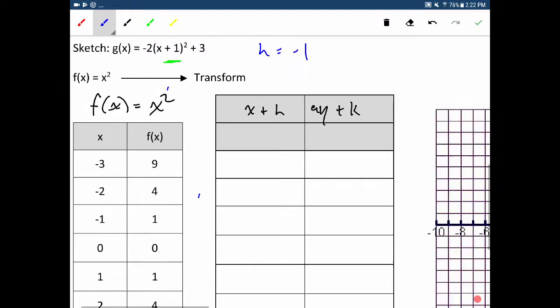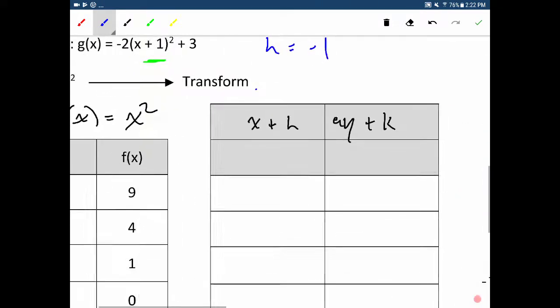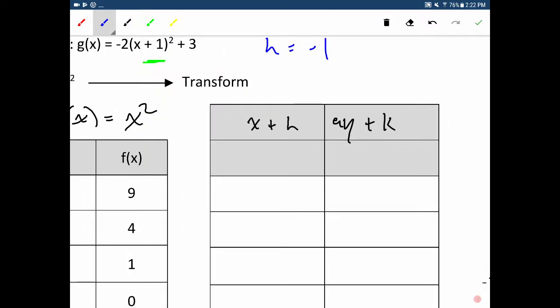So for our x value, we're going to have x and subtract 1. Then we're going to have our a, which is -2, so we have -2y, and then we're going to add k, which is 3.